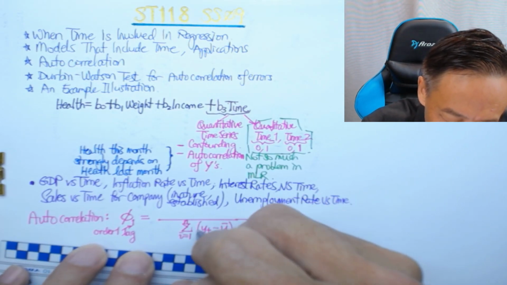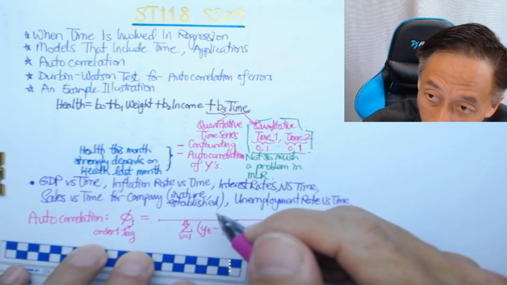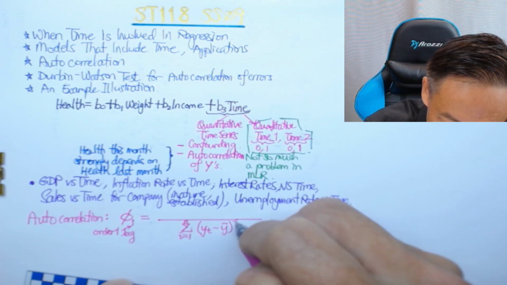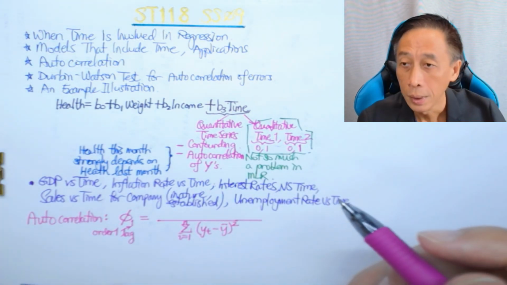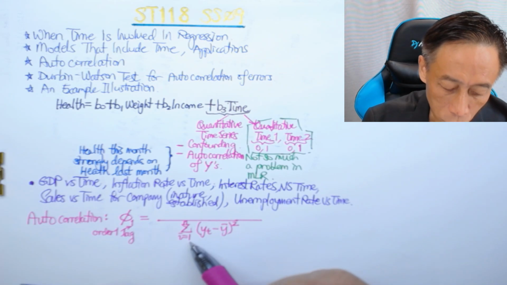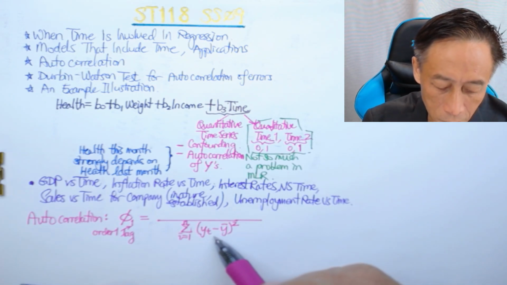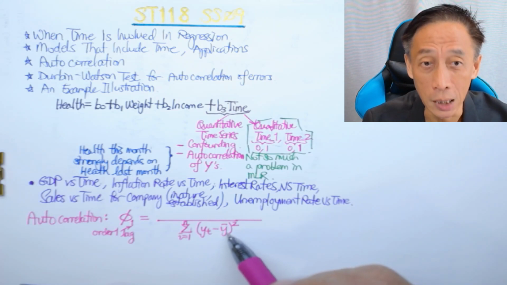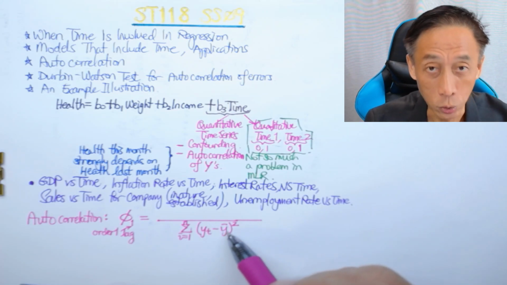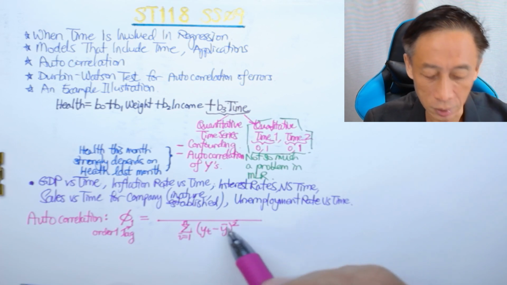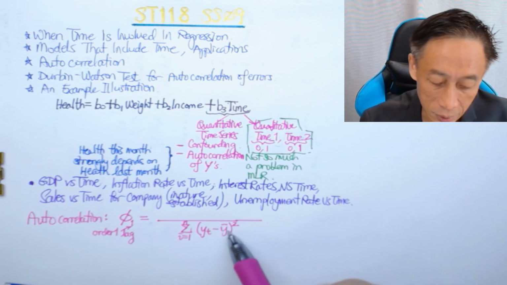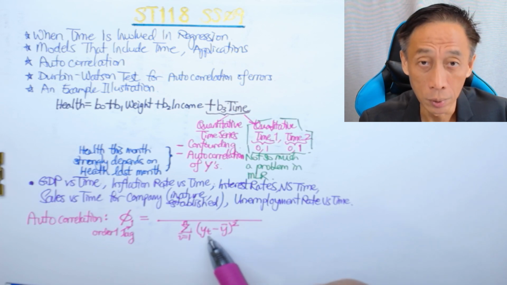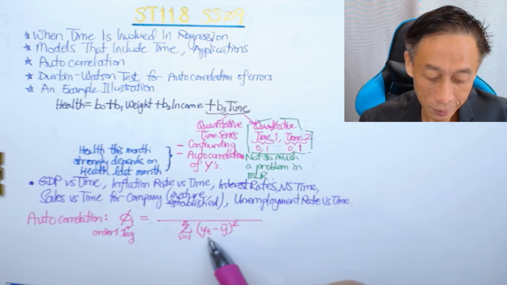And we are only looking at the y values, the y values throughout the times 1 to n. Each y value minus y bar, then square. So it's the square of deviation. This is quite understandable, right? This is like the numerator of the variance of y. That's all. So it's like SSY, essentially.